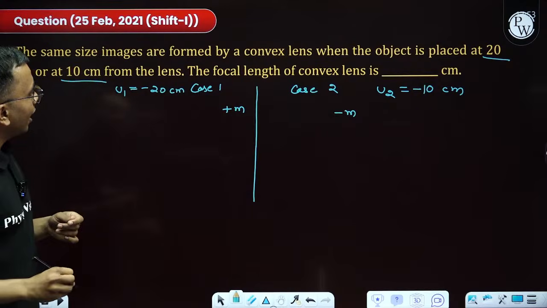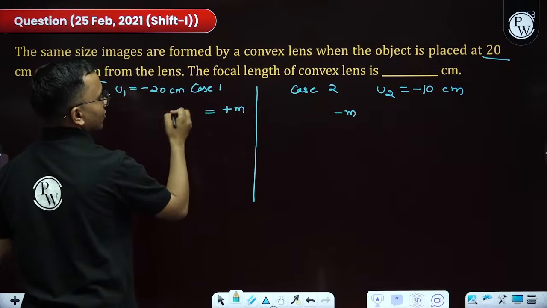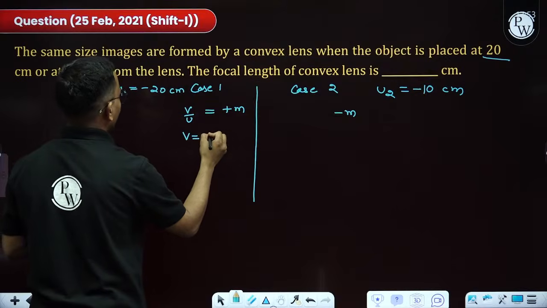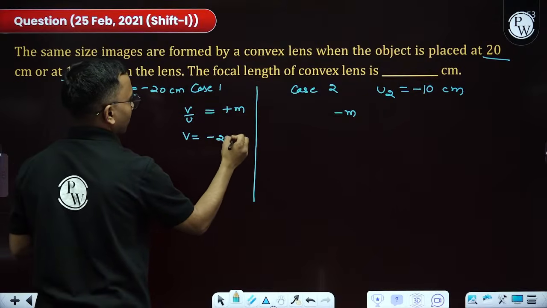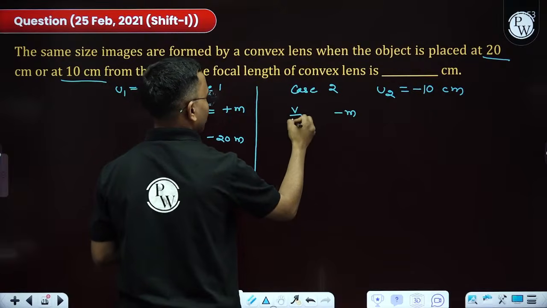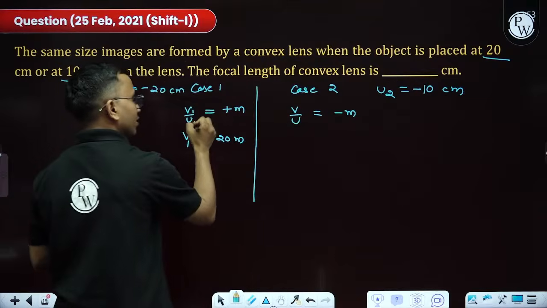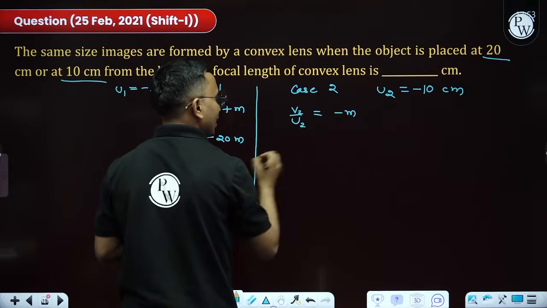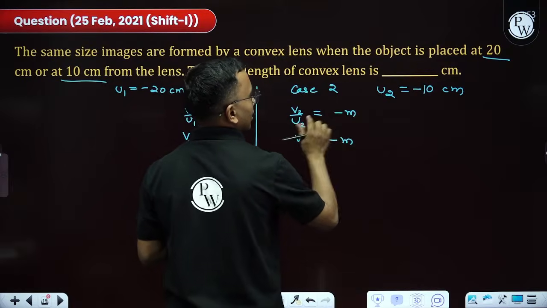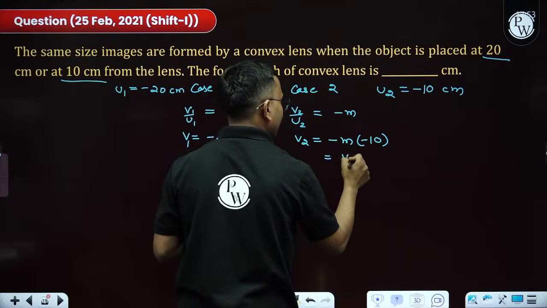Magnification is plus m. Magnification is v by u, so here my v comes out to be minus 20m. Here, if I write magnification as v by u, I should write v1 and v2. Here I can say my v2 comes out to be minus m into u2. u2 is minus 10, so this comes out to be 10m.